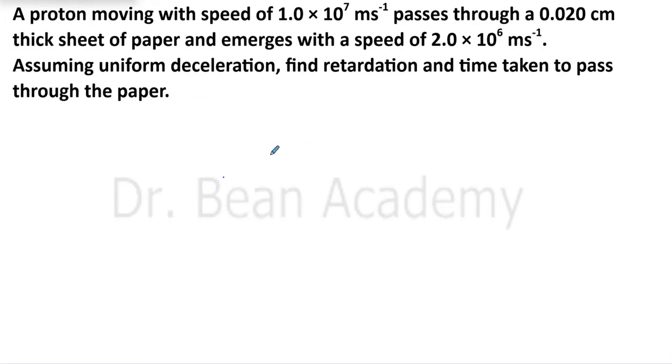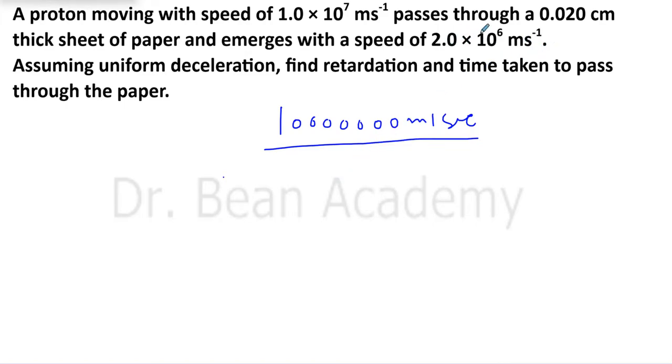Okay, so a proton which was initially moving with a speed of 1 × 10^7 meter per second, and this is really high speed. If I write this expression in simple numbers, it is 10,000,000 meter per second. So you can imagine that this is really high speed, because some subatomic particles move at very high speeds.